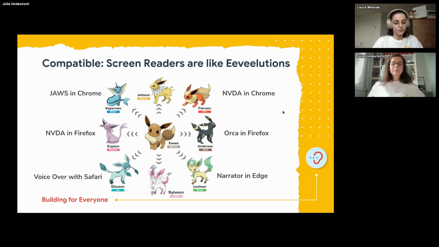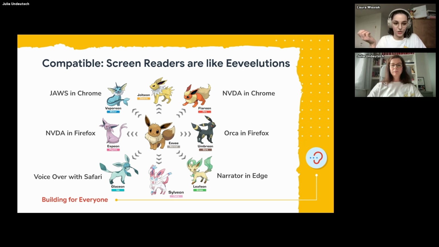JAWS, for example, is a very clever screen reader, and in case something isn't tagged or defined properly, it will just take the next best thing and assume that it fits here. So for example, if there is a heading missing, it will skip to the next text content and read that out and present that to you as if it was the heading, because it's just the next best content it gets, and it just tries its best, like a good Vaporeon.